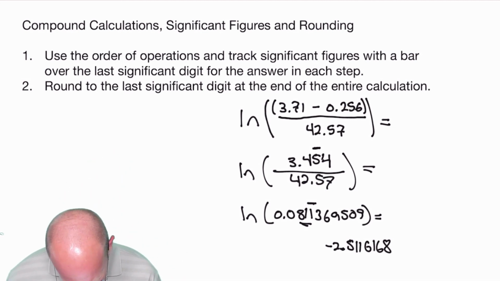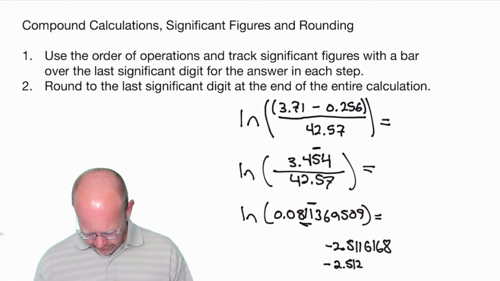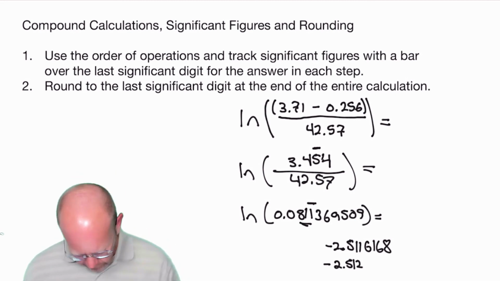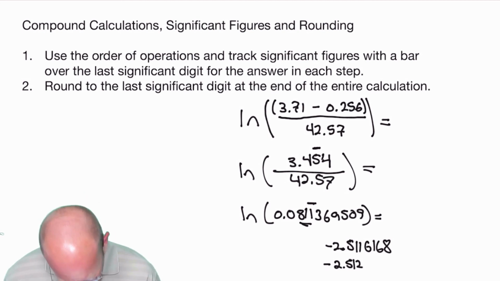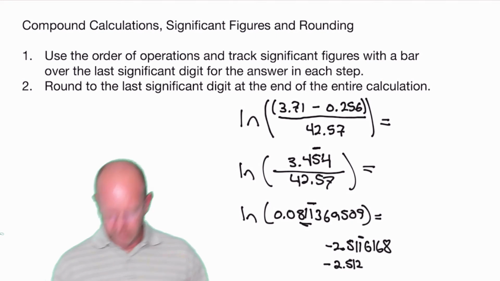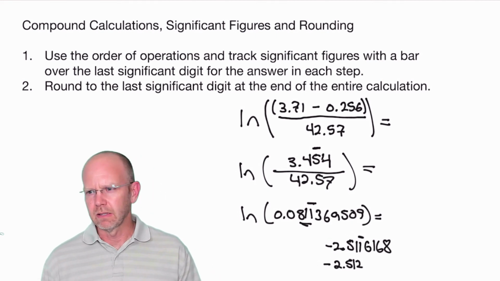So I would write this number with significant digits as 2.512 because I need to round up because that 6 follows that 1. So that's the way the number would look. And I'll go ahead and put a bar over that second 1 to indicate that that's the one that is significant in that answer number.